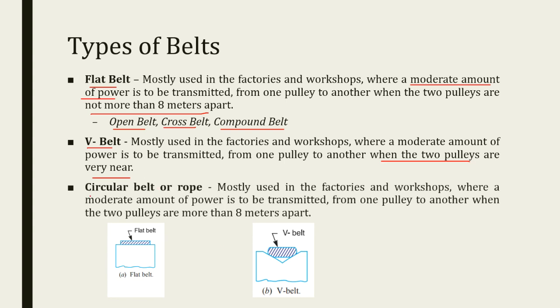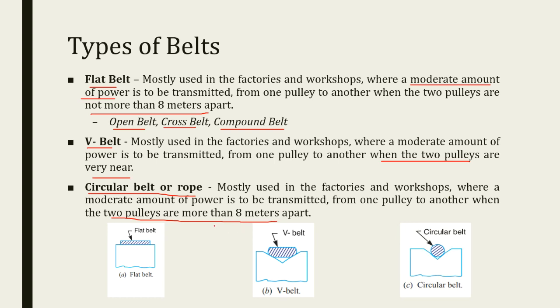The third type of belt available is circular belt or rope belt. They are mostly used in factories and workshops where a moderate amount of power is to be transmitted from one pulley to another when two pulleys are more than 8 meters apart. So this is how the circular belt looks. It is something like a rope, wherein a long rope can be joined together to form the drive, and then you can mount it on the pulley and use it.